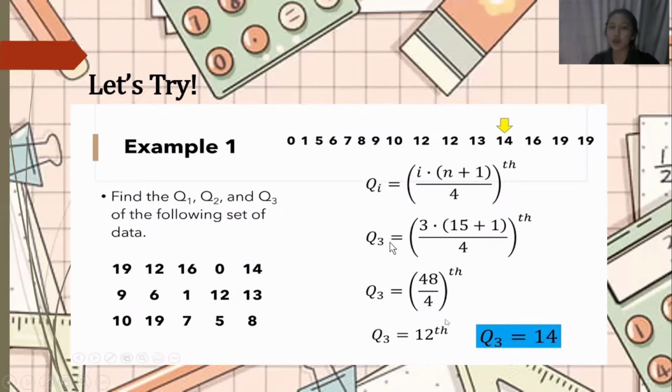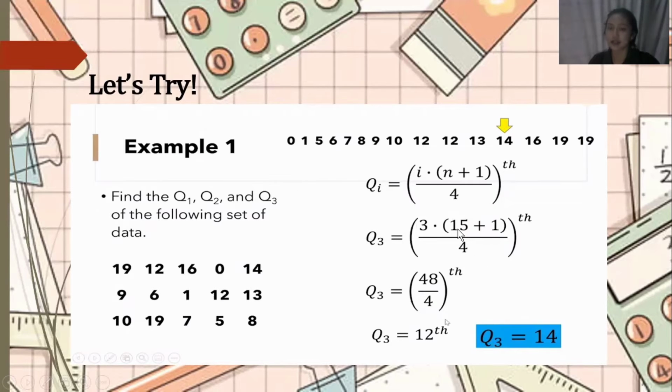So, yung nasabi ko kanina, K, yun yung number of quartile na hinahanap natin. So, we're looking for quartile 3, kaya po yung K ay 3. And then N is the total number of the given. So, we have 15.